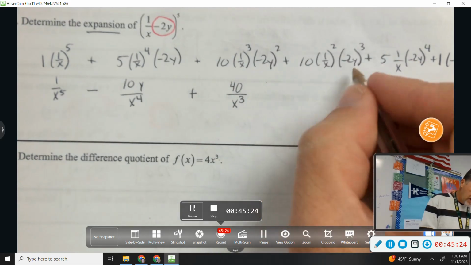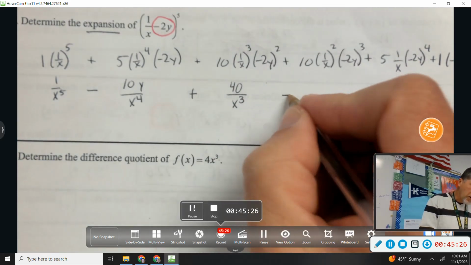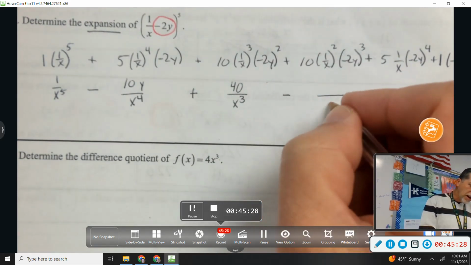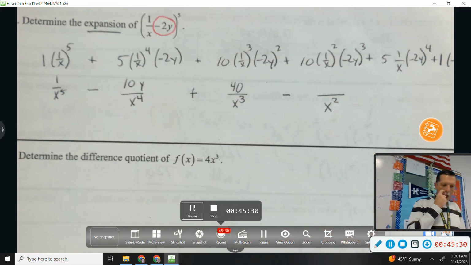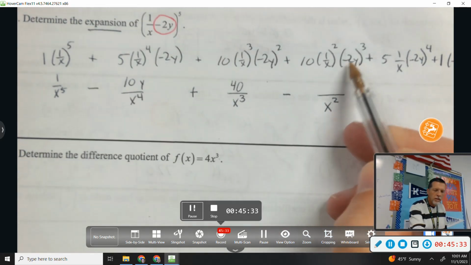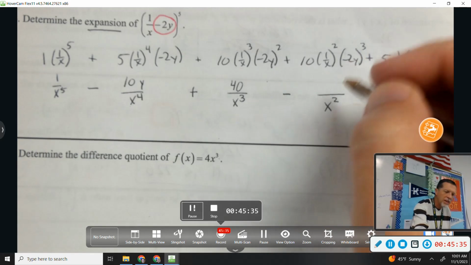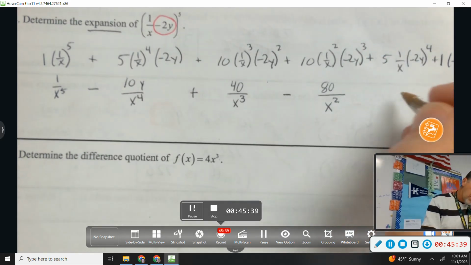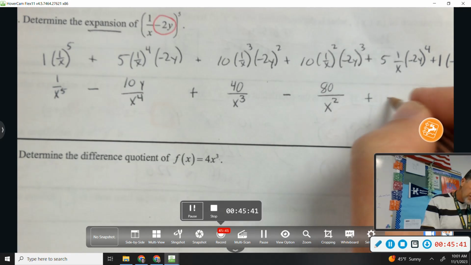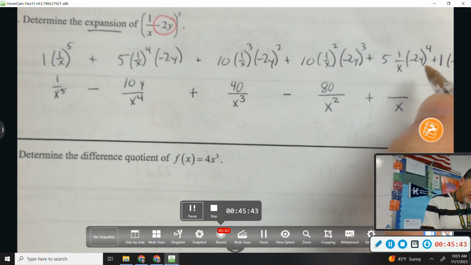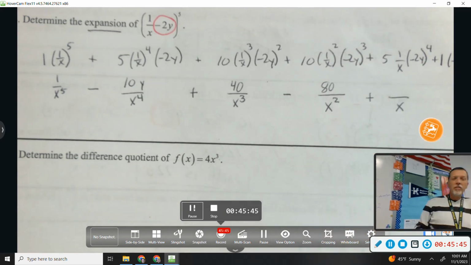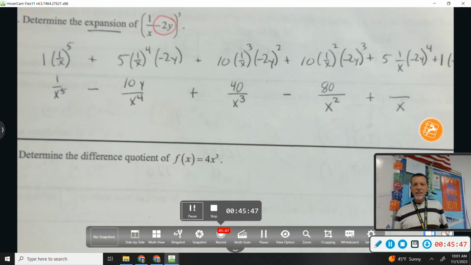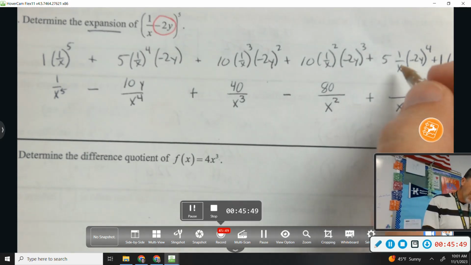Then negative cubed, so my next term will be minus. My denominator will be x squared. 2 cubed is 8. 8 times 10 is 80. Plus, denominator's x. Negative 2 to the 4th is 16. 16 times 5 is 80.